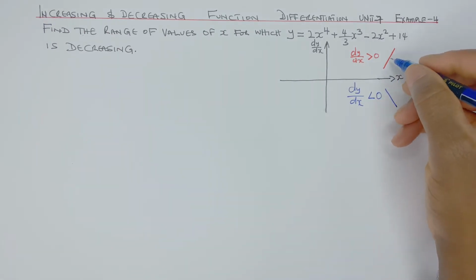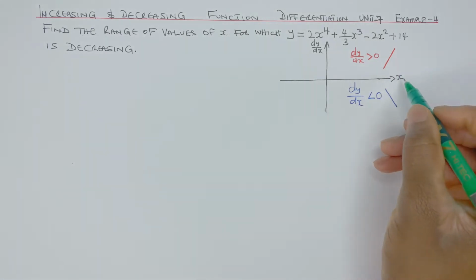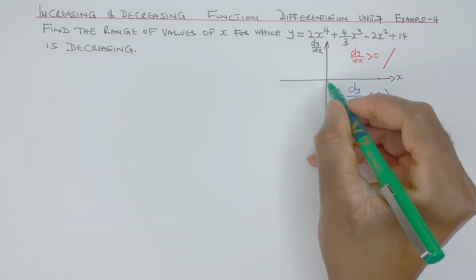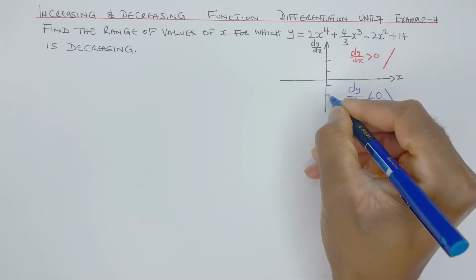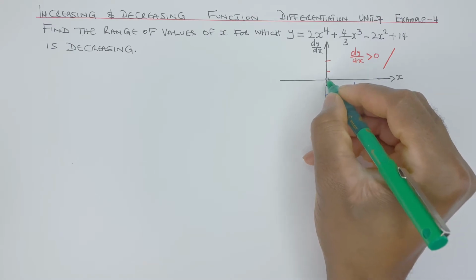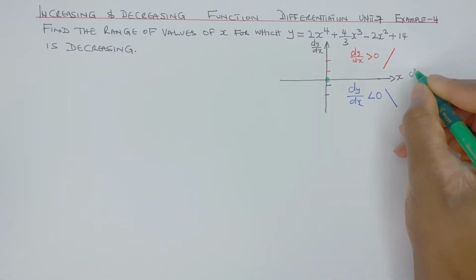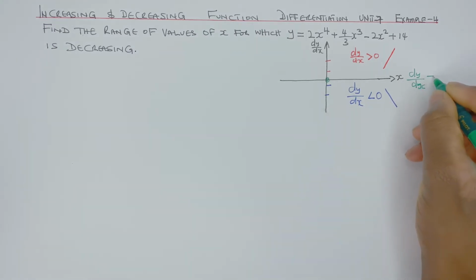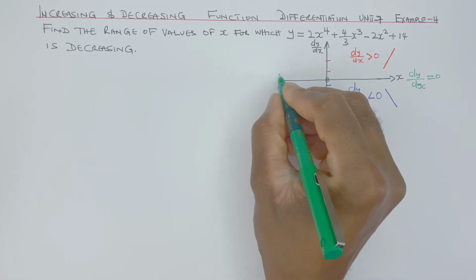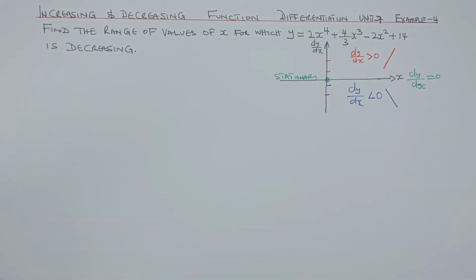Along the x-axis here, dy/dx is 0. So this is a positive value, a negative value, and here is 0. Where dy/dx is 0, that's stationary.